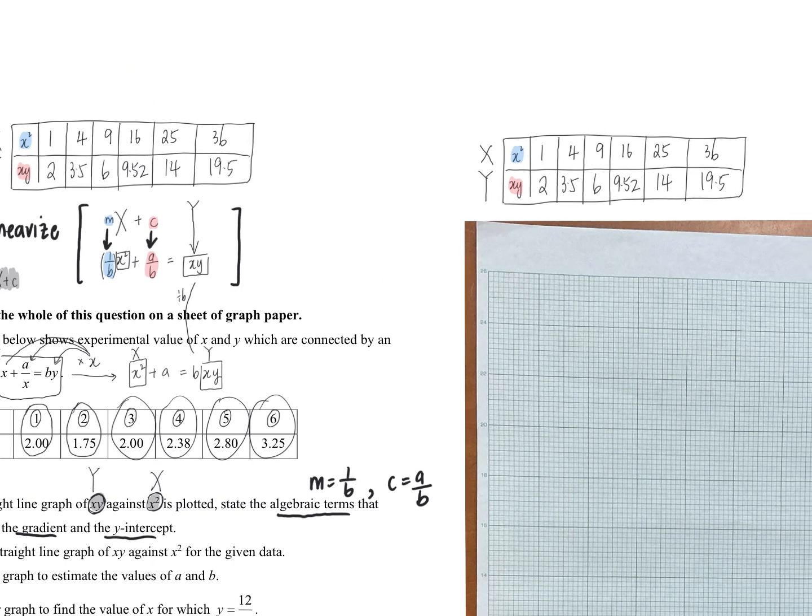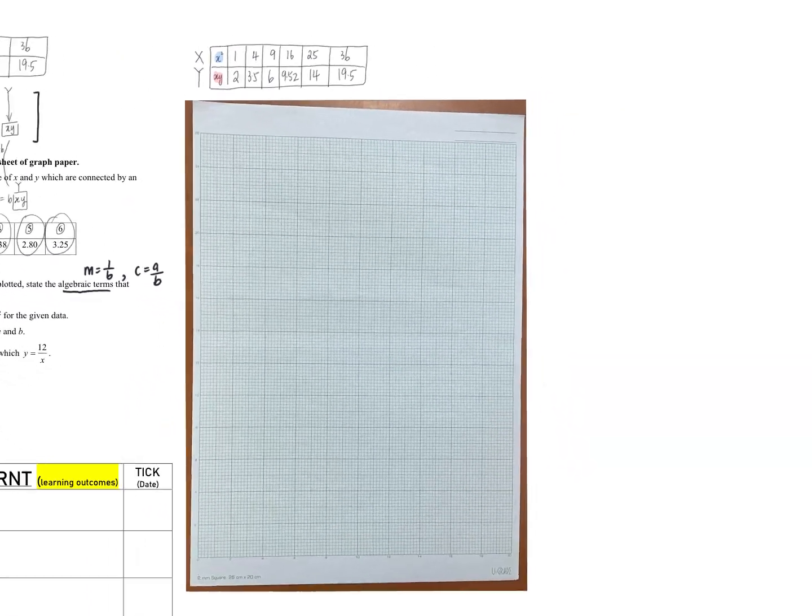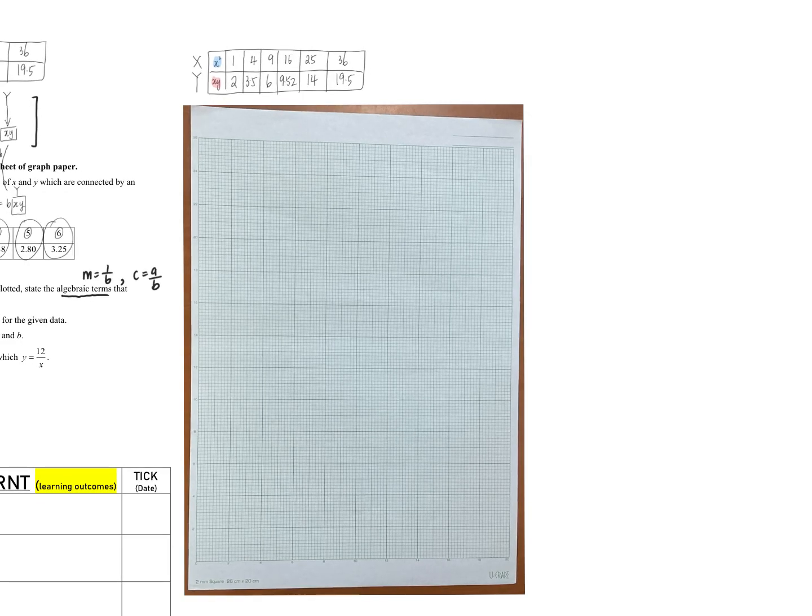Okay, so let's plan our graph so that we can fit the entire scale inside. If I do 5, 10, 15, 20, 25, 30, 35, 40, maybe for the x-axis I will use 2 cm to represent 5 units so that I have enough.